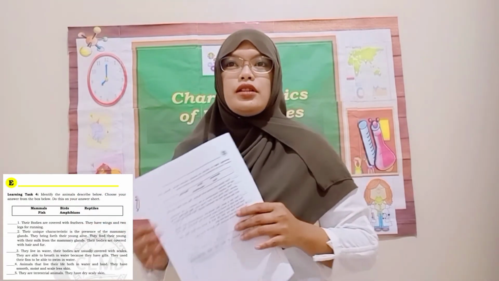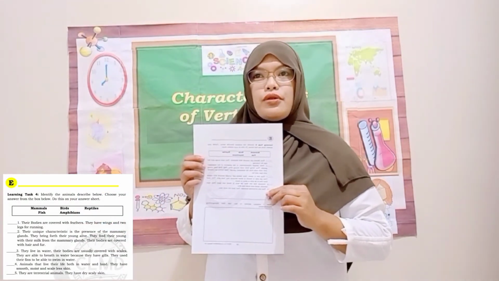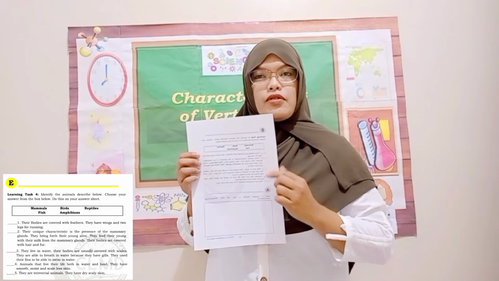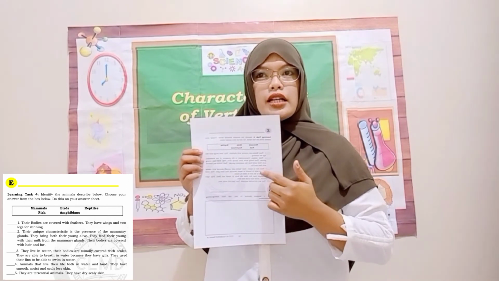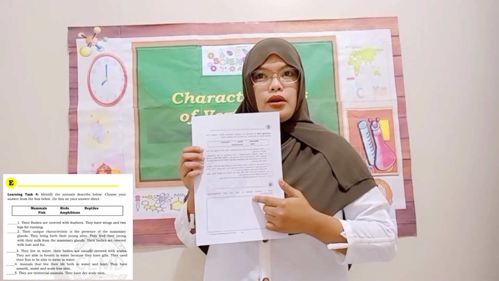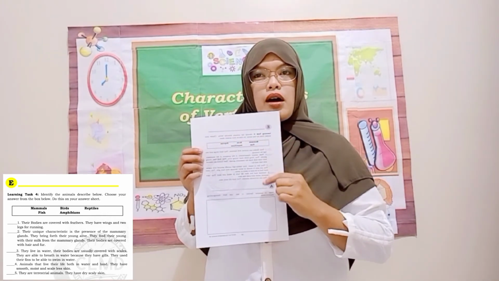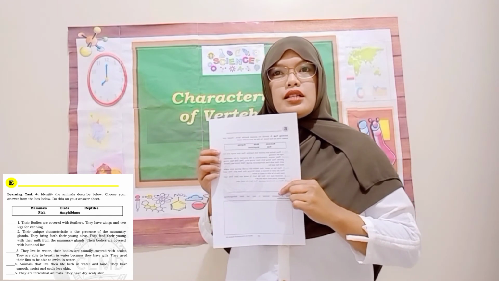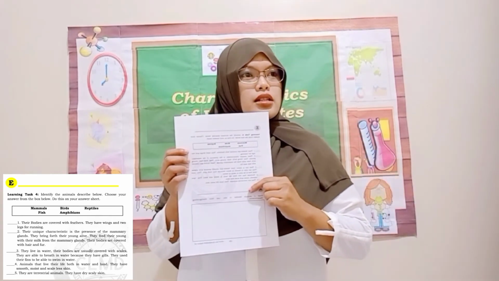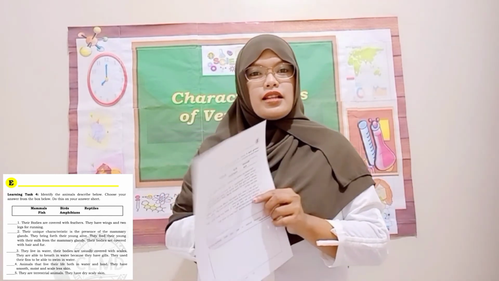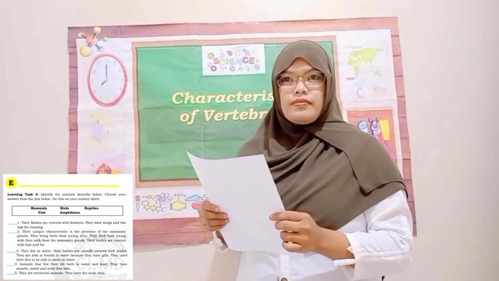Okay, now I will give you an activity sheet and you have to write your name at the top of the paper. You have to identify the animals described below and choose your answer from the box below. Please write your answer in the activity sheet. Is that clear? Okay, now I will give you 5 minutes to accomplish this activity.